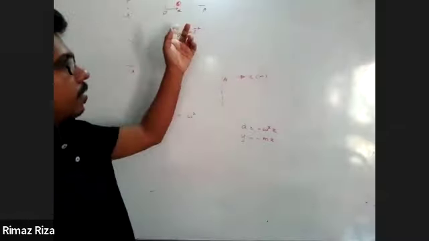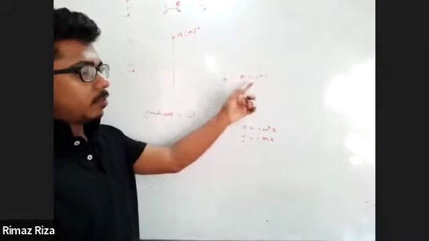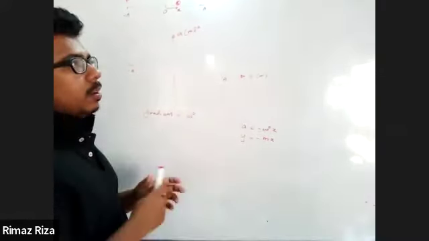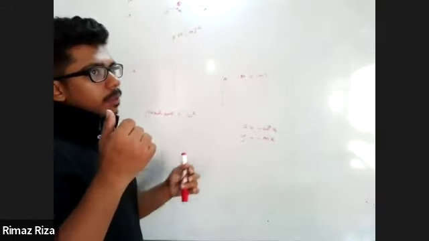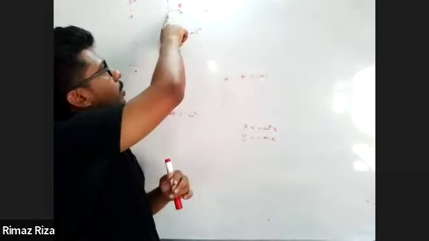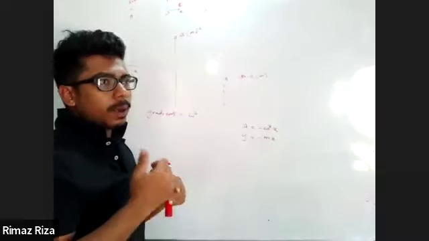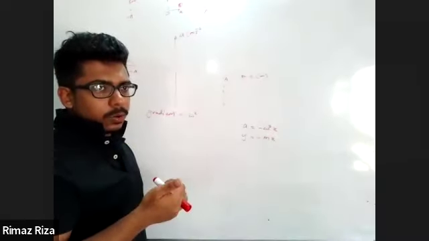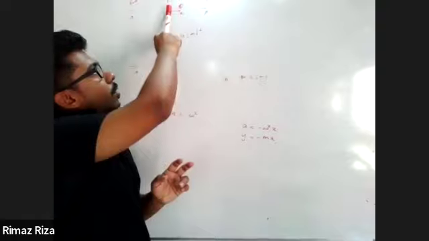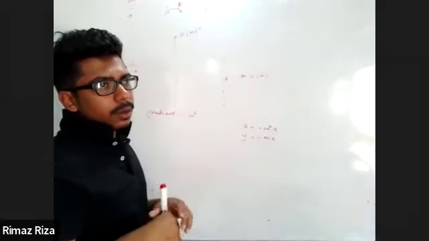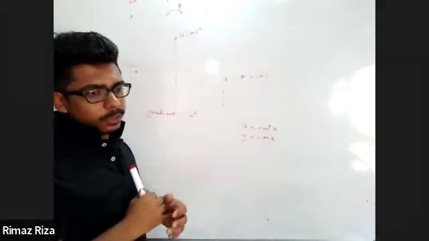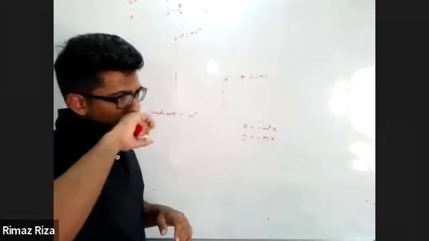In the previous graph, that is, force versus displacement, right at the midpoint, at the center, the net force acting on the particle is 0. Therefore, it is called the equilibrium position.